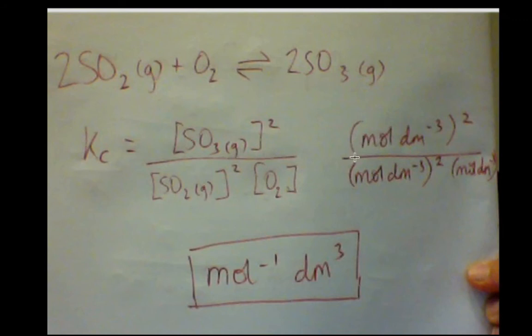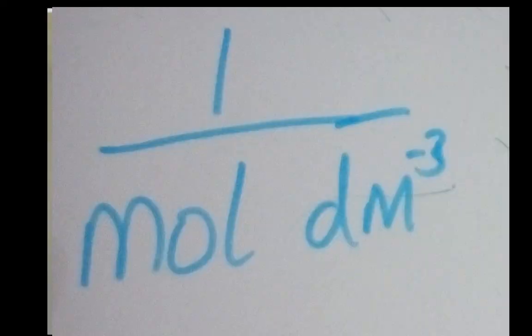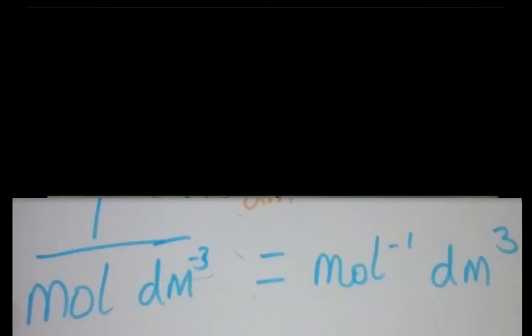So overall, again, we're just cancelling out the similar things. We've got this one squared and this one squared. So overall, we're just going to have moles per decimetre cubed on the bottom, 1 over moles per decimetre cubed. So if we want to invert this so that we haven't got 1 over the units anymore, then we just convert this to moles to the -1, decimetre cubed.